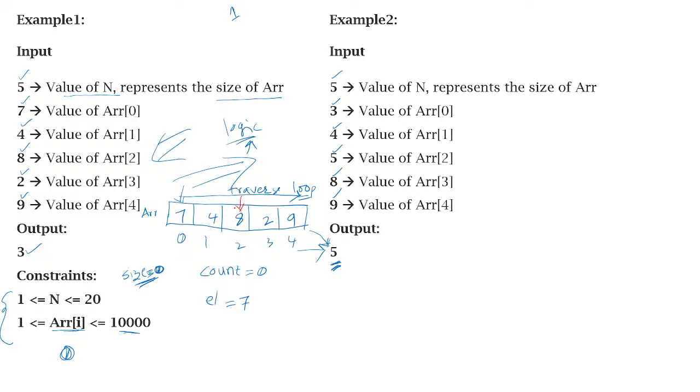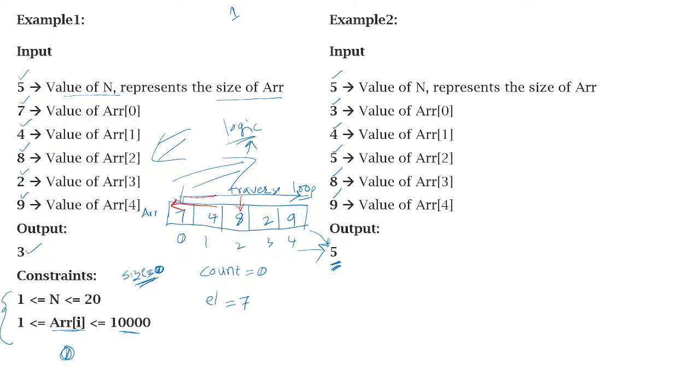It is not required to compare with all previous elements, whether 8 is greater than 7, whether 8 is greater than 4. As you process this array, it is better to store the maximum of these previous elements. If it is greater than the maximum of the previous elements, obviously it is greater than the other elements also.